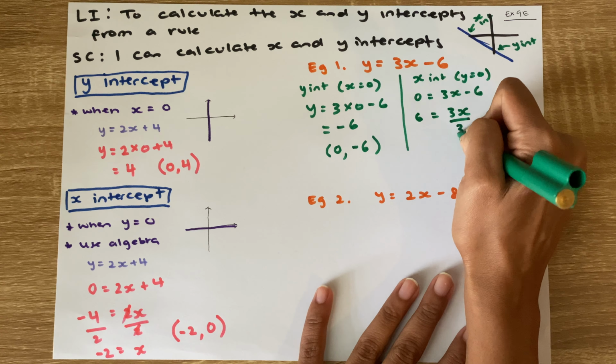Okay, so over here for this rule that was y equals 2x plus 4, if I draw my y-axis and my x-axis like this, remember x is horizontal, y is vertical. So my y-intercept, we said, is at 4. So I'm going to go 1, 2, 3, 4. My y-intercept, I'm going to plot that point.